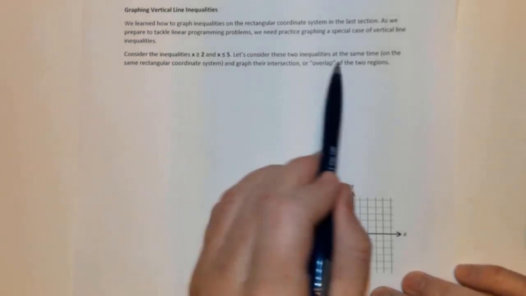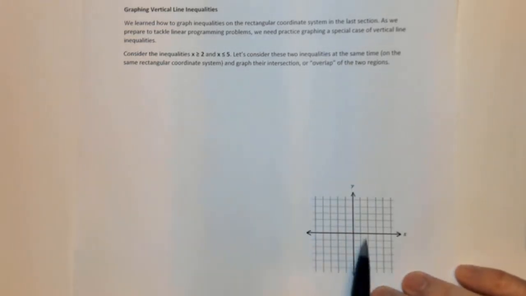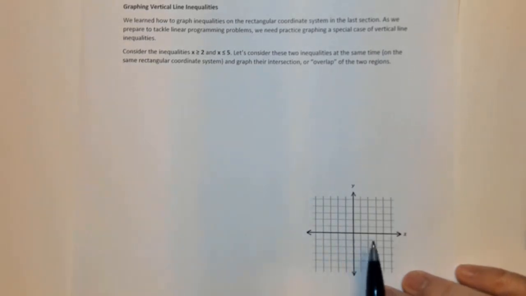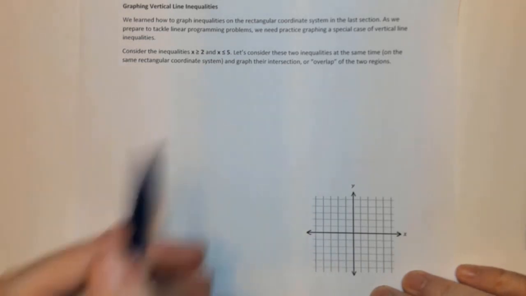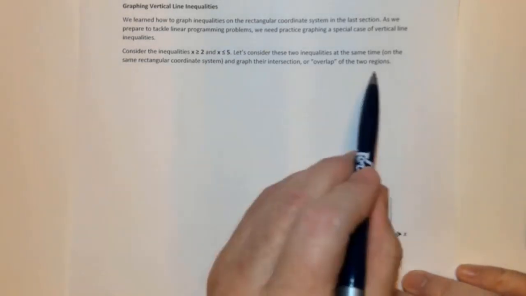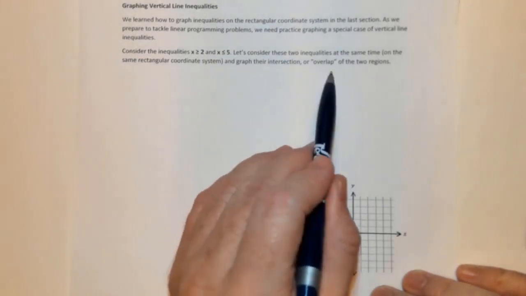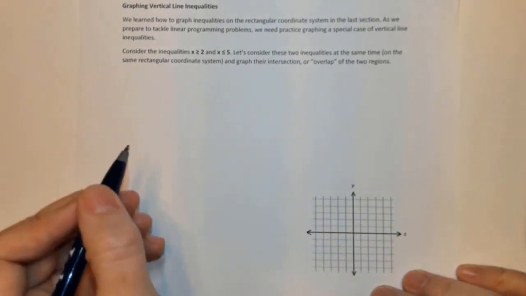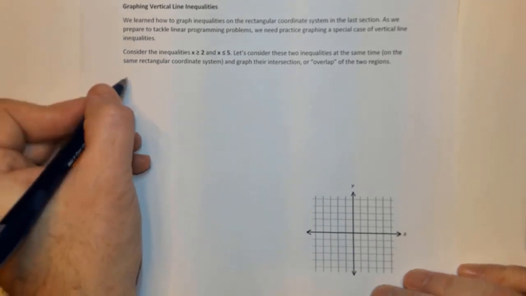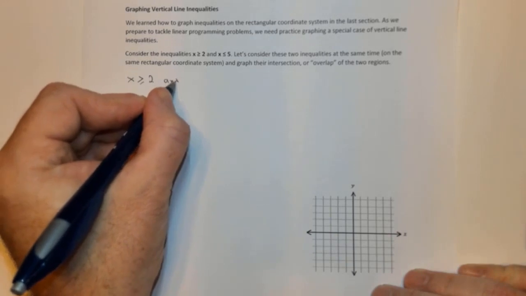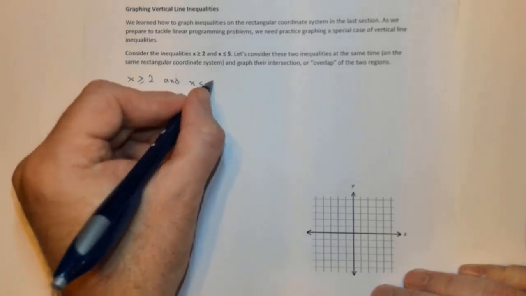We're going to consider these at the same time on this rectangular coordinate system. I'll graph the final one here, and a few intermediate ones along the way. We're going to graph them at the same time, so the answer is the intersection or overlap of the regions. So x is greater than or equal to 2, and x is less than or equal to 5.